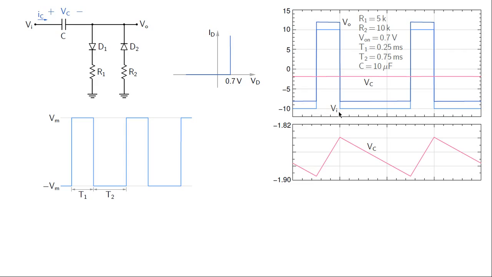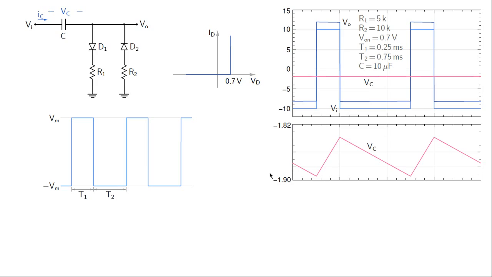and during this interval, when the input voltage is high, the capacitor voltage rises, and that corresponds to charging of the capacitor through D1. During this interval in which the input voltage is low, the capacitor voltage decreases, and that corresponds to discharging of the capacitor through D2.